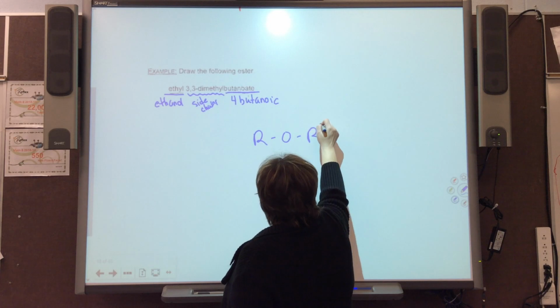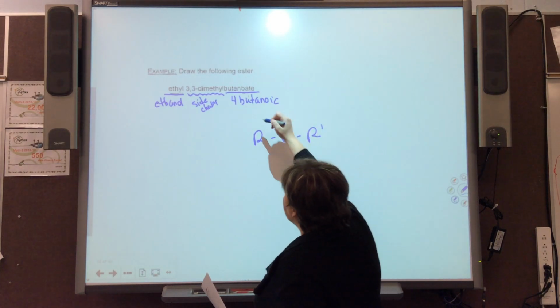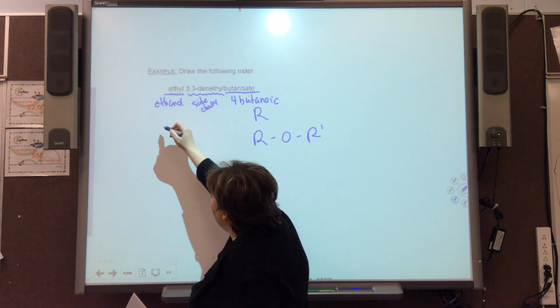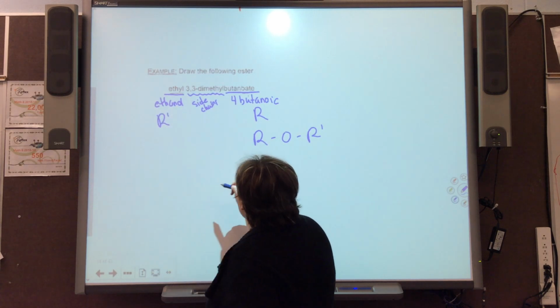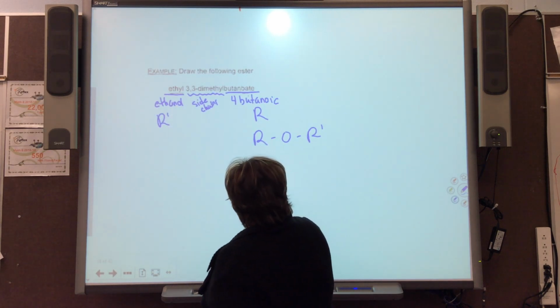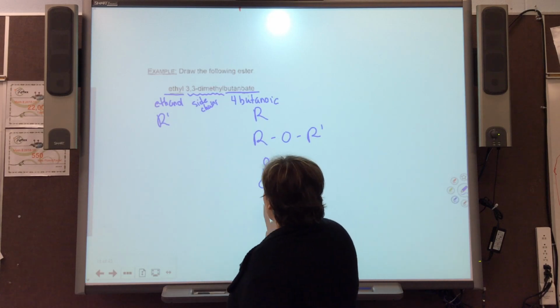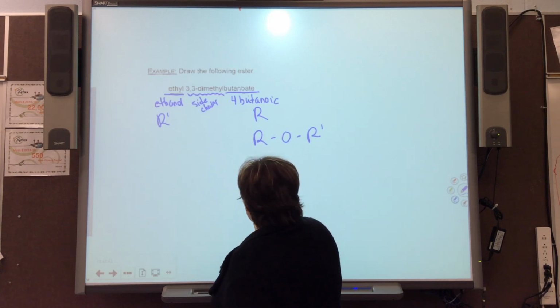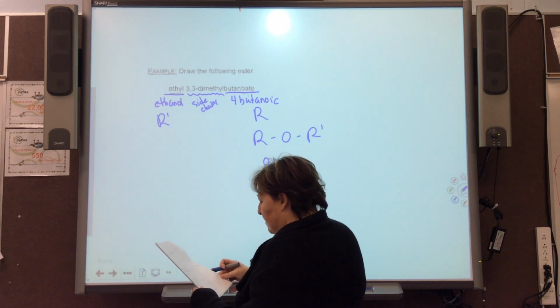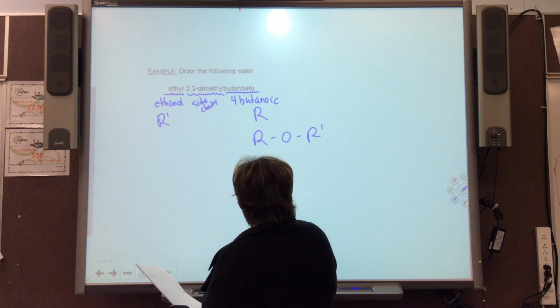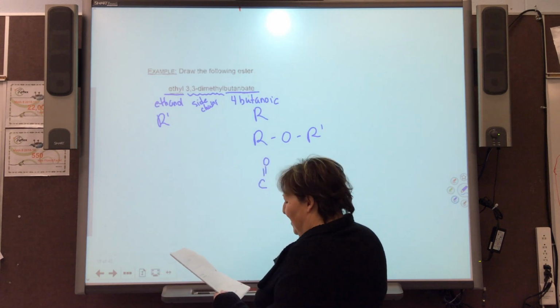R, O, R prime. So R, and this is R prime. So we have butanoic. So C double bonded to an O. How do I want to draw this? No, I flipped it on myself.